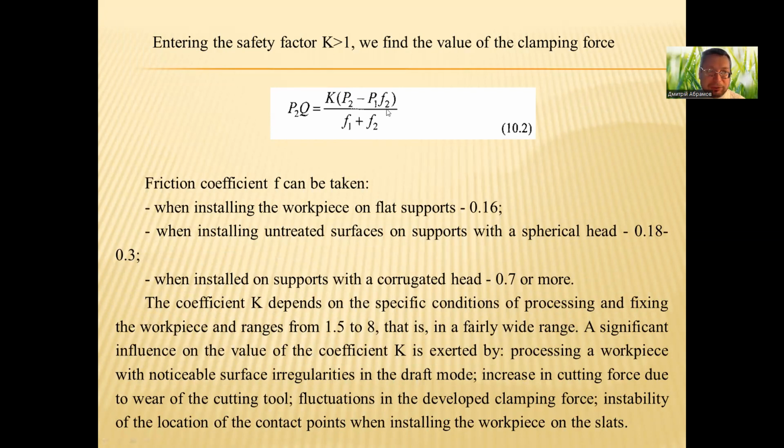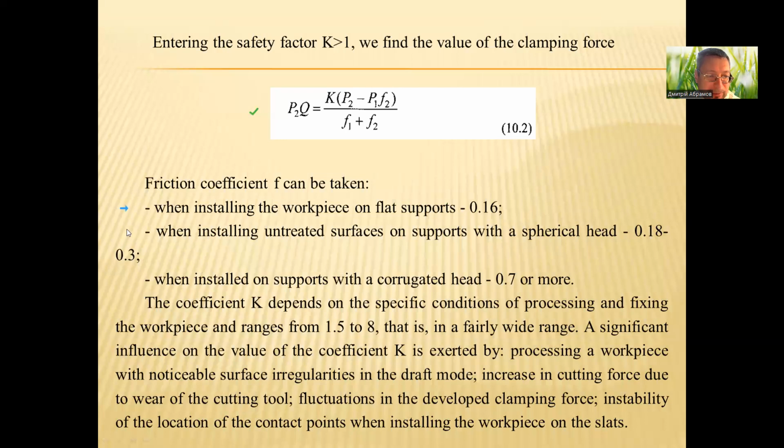Entering the safety factor k bigger than 1, we find the value of the clamping force. We use formula 10.2. Friction coefficient F can be taken when installing the workpiece on flat supports, 0.16.